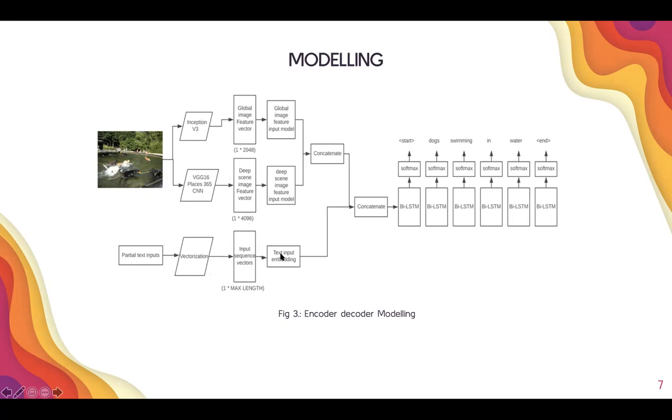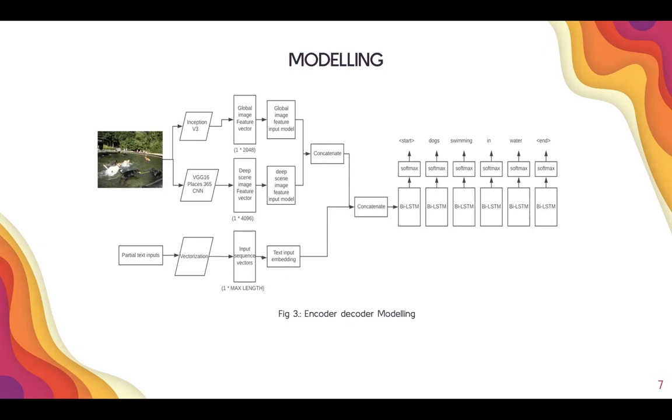Then inside the text input model, we have the input layer and an embedding layer. We use the embedding layer to learn the vector representations of each of these words. This is a better approach compared to other methods like one-hot encoding, as it does not generate very sparse matrices, which is usually the case with one-hot encoding.